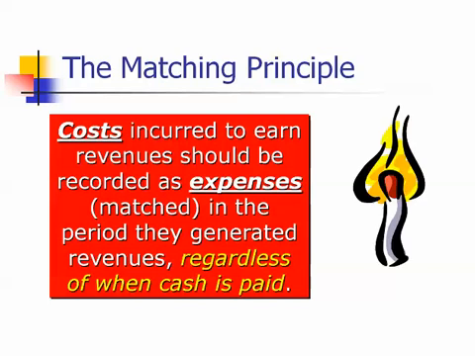When we think about a manufacturing company, we incur many product costs. And the reason we incur these product costs is we are manufacturing or making a product we plan to sell in some subsequent period. So all of our product costs will get recorded first on the balance sheet, and only when we sell the actual physical goods will the cost be transferred to the income statement as part of cost of goods sold.